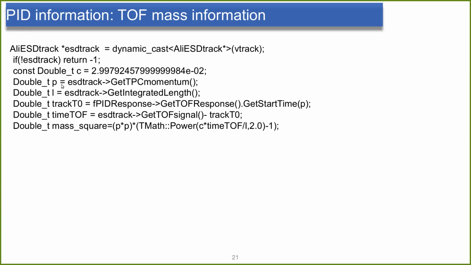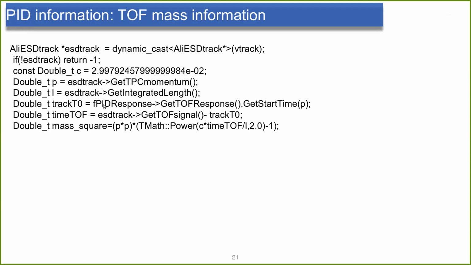One first needs to get the momentum from the track, and this momentum information is coming from the TPC. So you can get it by just calling GetTPCmomentum. Then you check the length of the track. Then you get the start time.